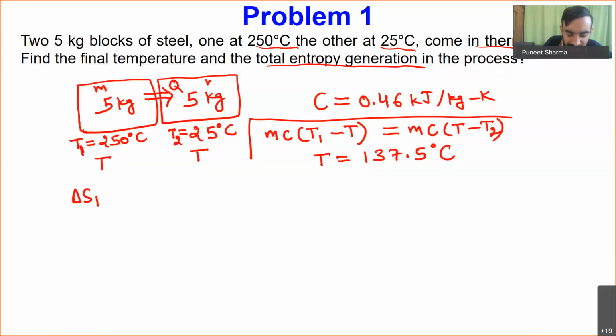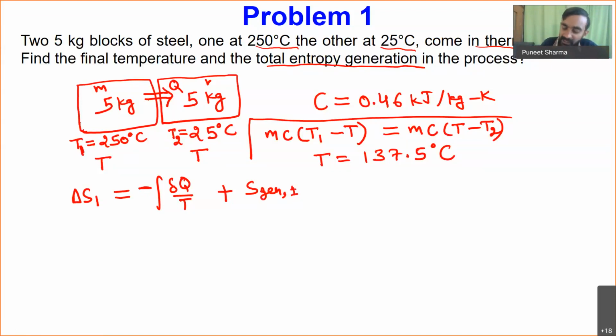So the entropy change for block 1, delta S1, will be nothing but equal to integral del Q by T, and this integral will have a minus sign because from the first block we have a loss of heat. And as the process is happening through a finite temperature difference, I will write here S generation for block number 1.